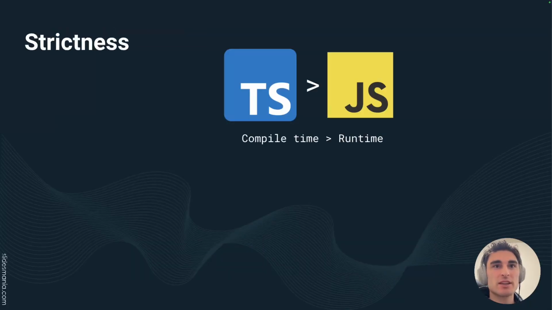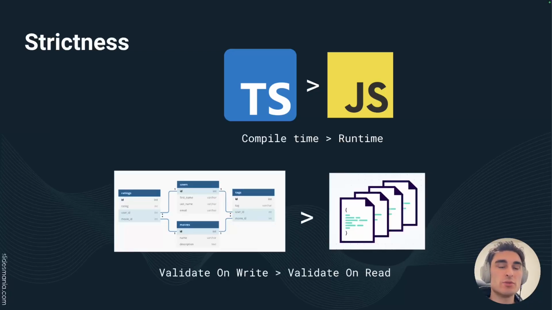But generally, you can think of it as, for the same reason we want to add types and add rules on top of JavaScript, is why we want to add rules, add a schema to our database and use a SQL database instead of a NoSQL database. It's easier to catch things at compile time than runtime, and it's easier to validate our data when it's written than to validate it when it's read.